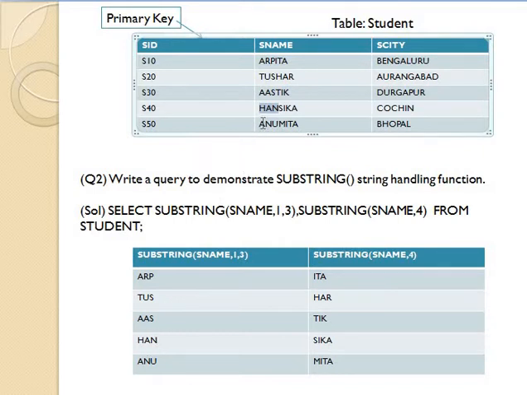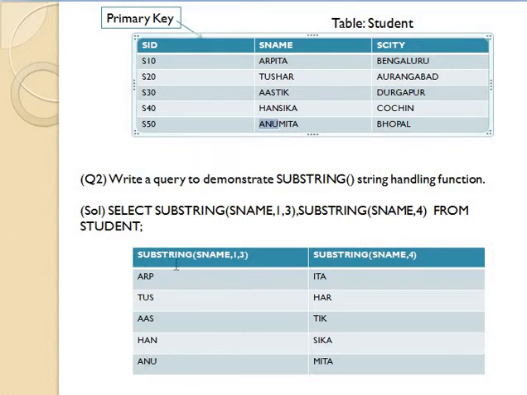And finally, for the name Anumita, I shall extract ANU from here, and it will get displayed in the output table here.